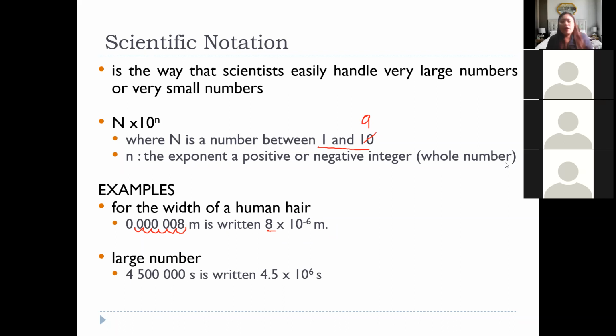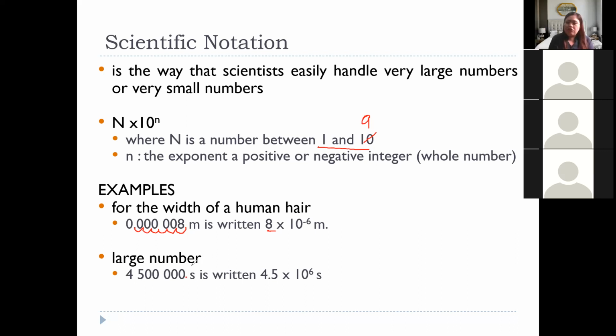But talking about a large number, just like this one, 4,500,000. If we will express this using scientific notation, take note that for a large number, the decimal is most likely here. It's like a trailing one, so it is at the last.